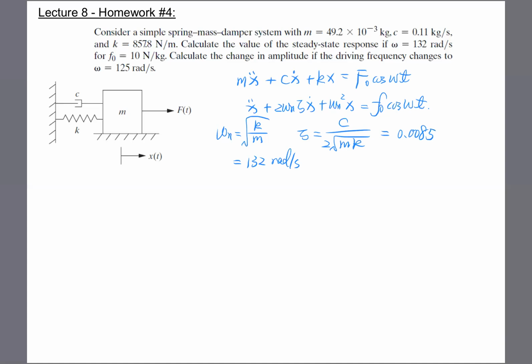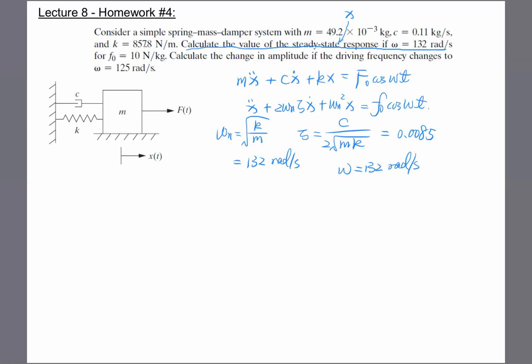Okay, so the first part of this question is we need to calculate the steady state response. In this case, because we haven't talked about velocity and acceleration in lecture 8, the steady state response is the displacement only. And your excitation is 132, which is exactly the resonance.